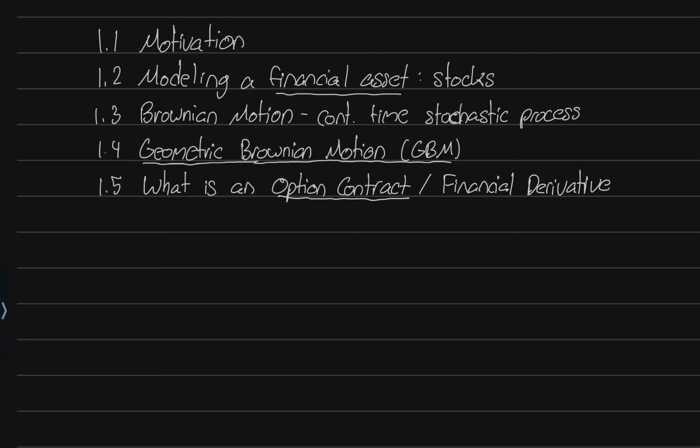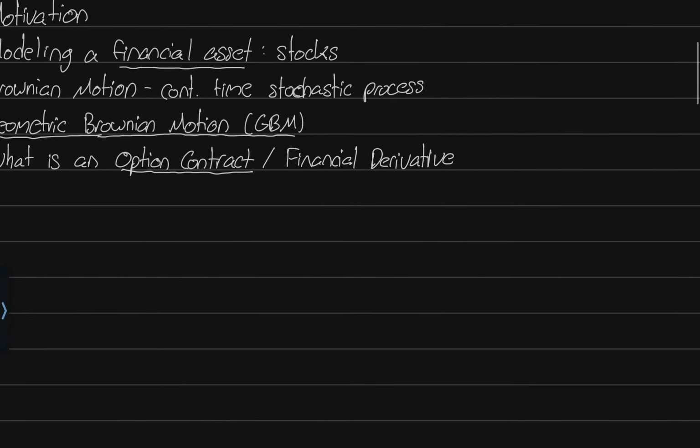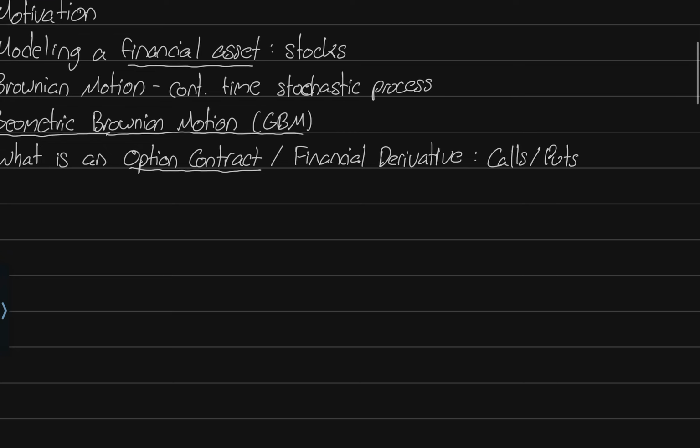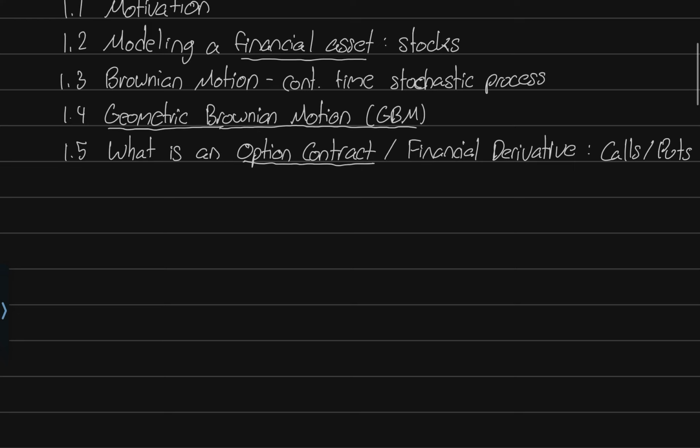Now, there are many financial derivatives, but in this specific case, the only two we will really be delving into are going to be calls and puts. Specifically from a European standpoint, because there is a difference between European option contracts and American option contracts, but the difference is very minute.